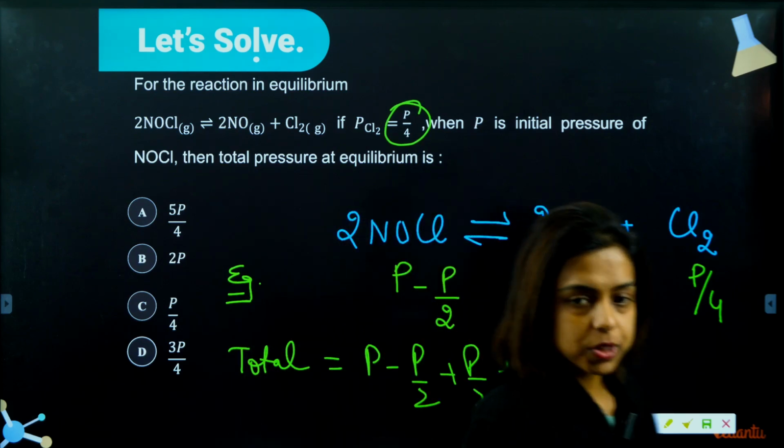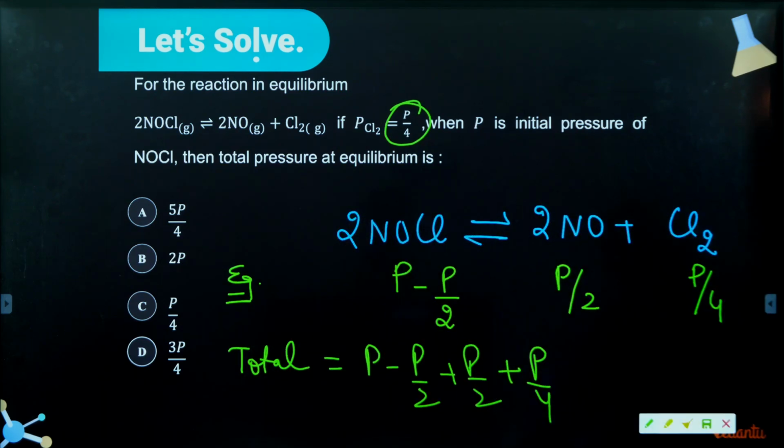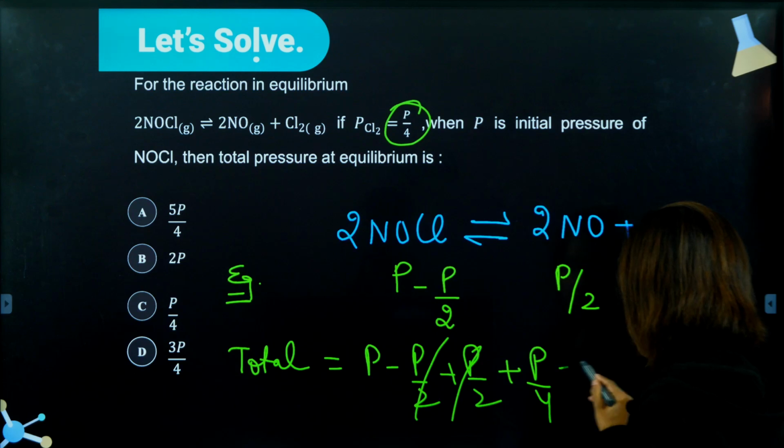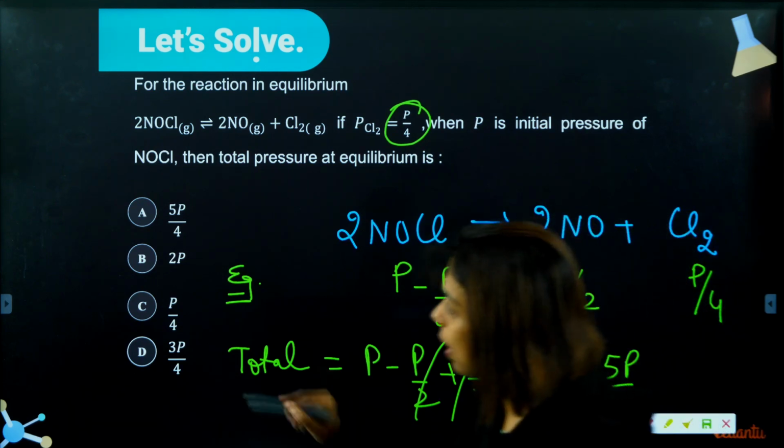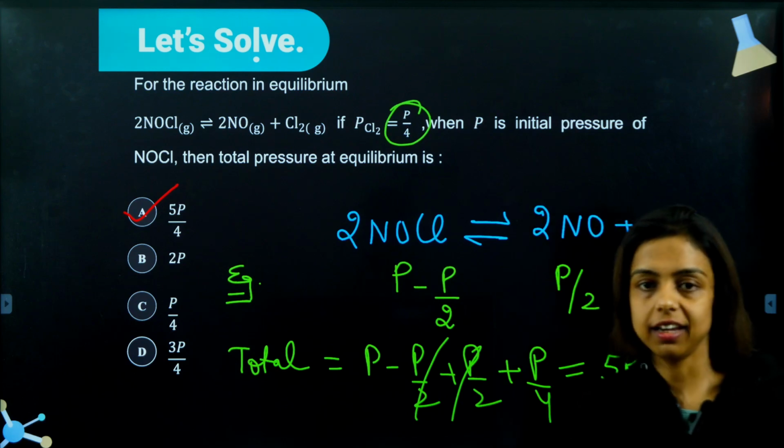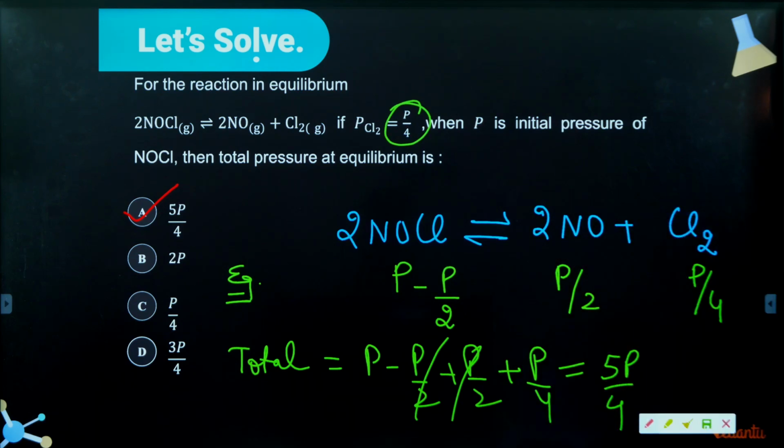That is the total pressure, guys. You can just add the pressure of all these gases at equilibrium. Yes. Got it? So 5P by 4 is your answer here. 5P by 4 is the total pressure. So we will mark our answer as A, A for apple. Got it? Very simple question. This is at equilibrium. Got it?